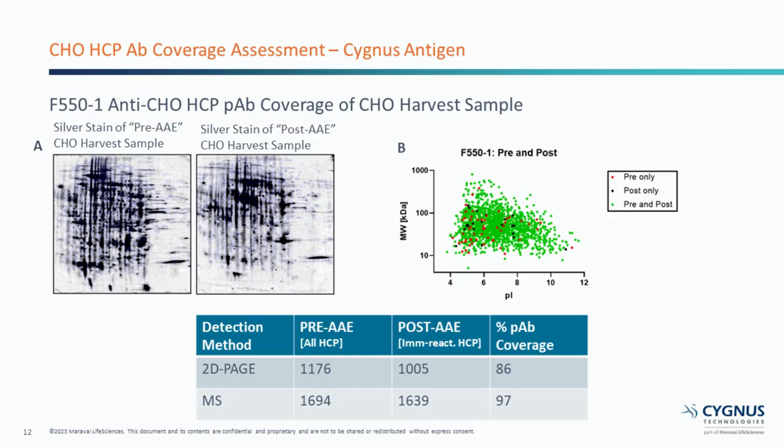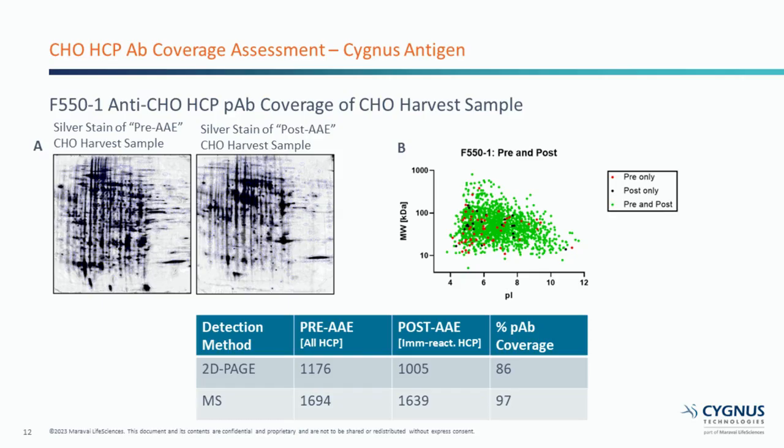In panel B, we have a 2D virtual gel of the MS data with matching proteins in green. Those are the proteins that we found in both the pre-AAE sample and the post-AAE sample. The dots shown in red are those proteins that our antibody does not cover. We miss them. It's virtually impossible to develop a 100% coverage antibody. And then I would like you to pay attention to those black dots.